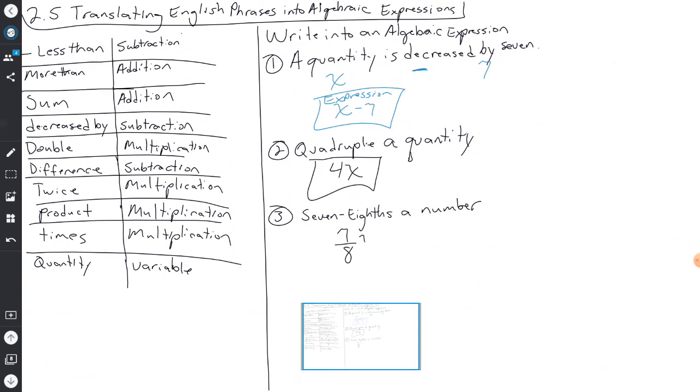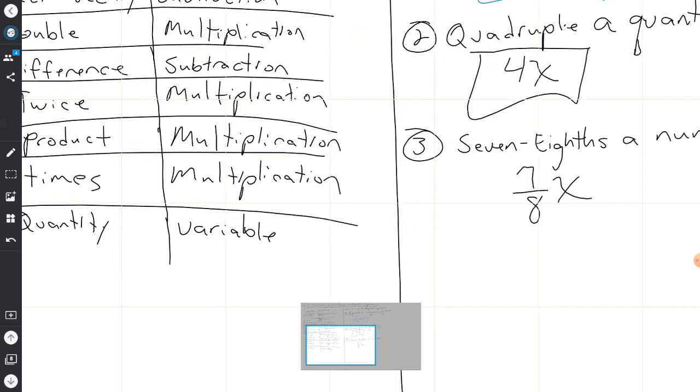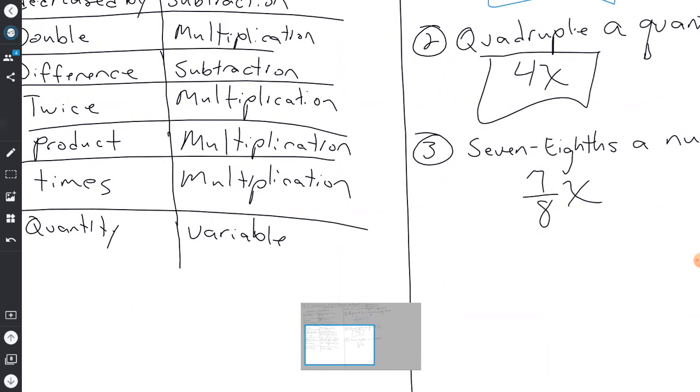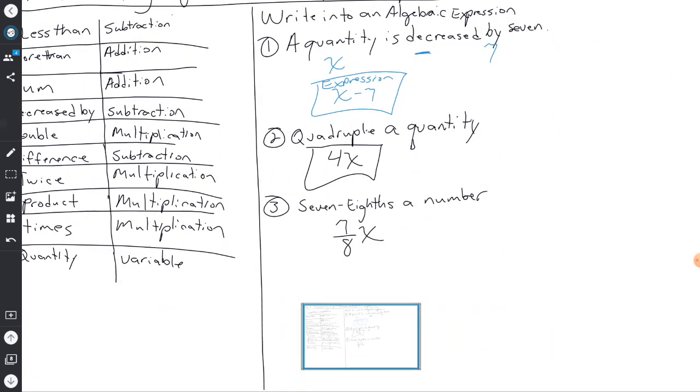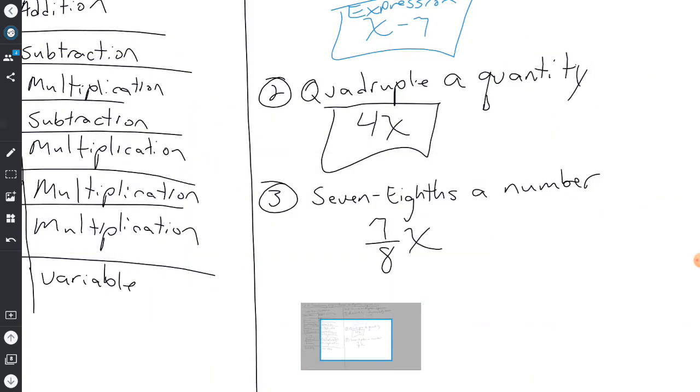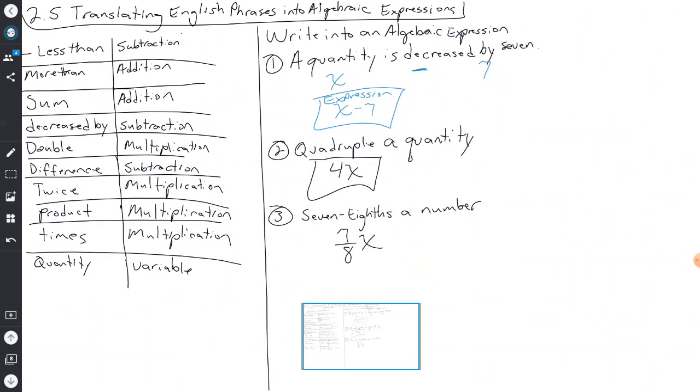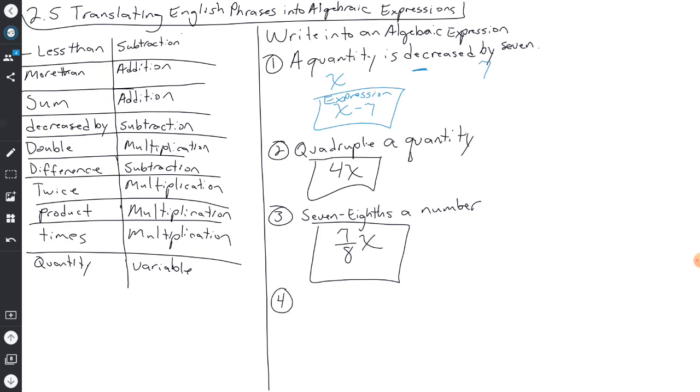Right, and the number is X. So 7/8 X. If we don't know what the number is, then we just let it be a variable.